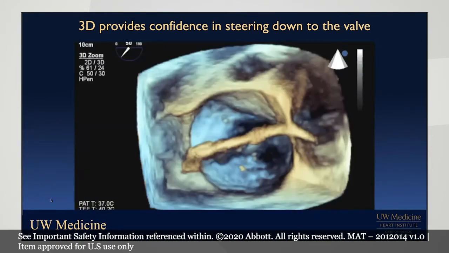Often I'm using 3D imaging as a live image if I have the opportunity to get a large enough volume to really, in real time, guide the advance of the clip and the clip delivery system down to the valve. As you see on the left-hand side, the left atrial appendage would be here. We see the Coumadin ridge, and the clip is actually quite advanced. So it's good to have everything in view, including the transeptal puncture site.